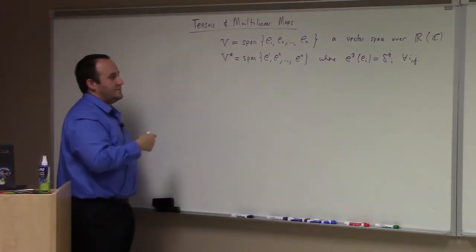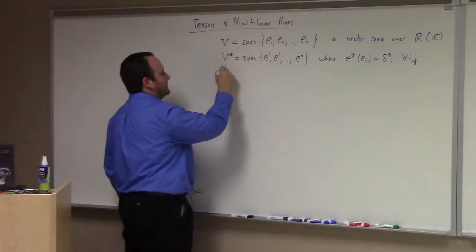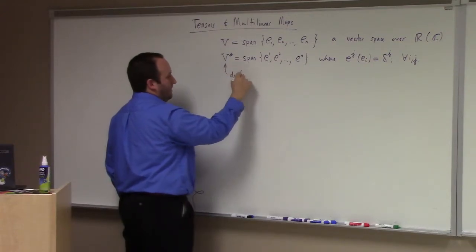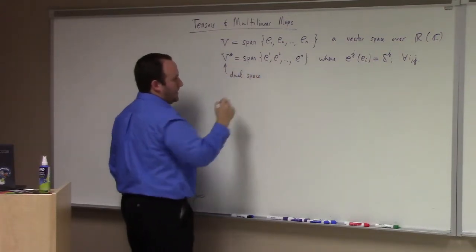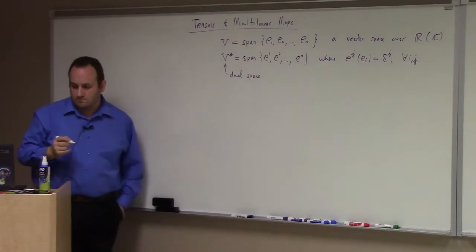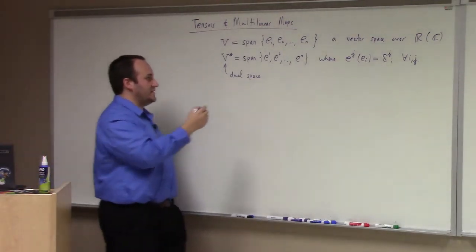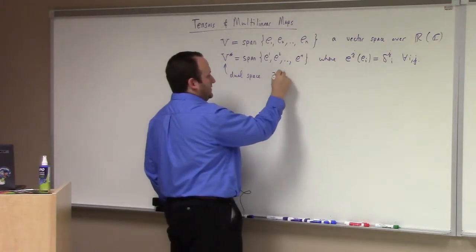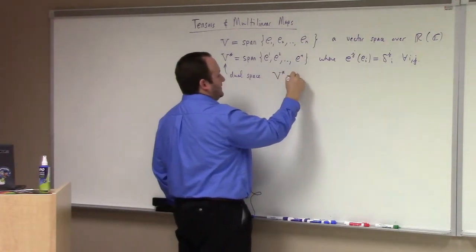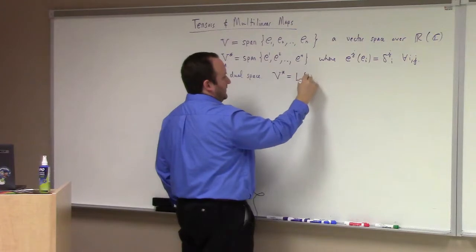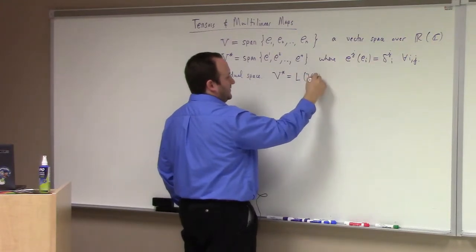Now that's a derived result. This is the so-called dual space, right? Now I guess technically speaking that's not basic. What's the basic thing is that the dual space is the set of linear maps from V to the field that you're looking at.